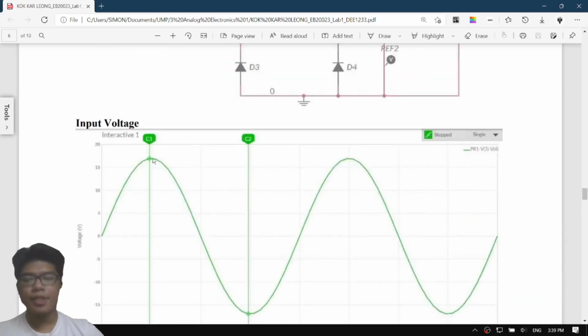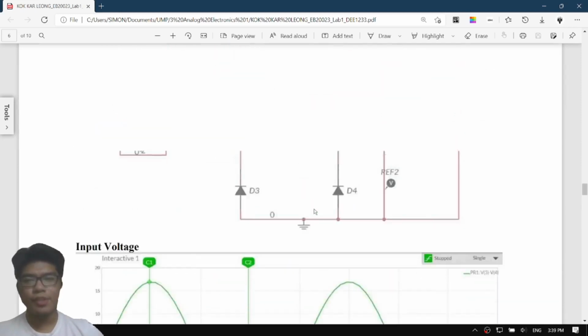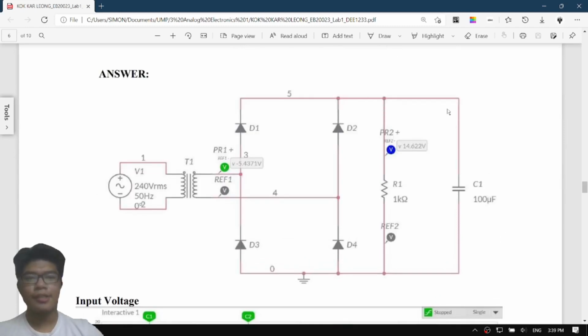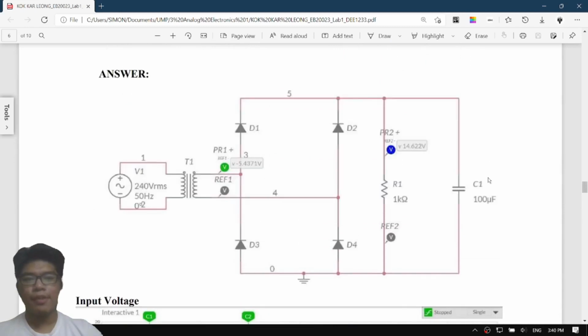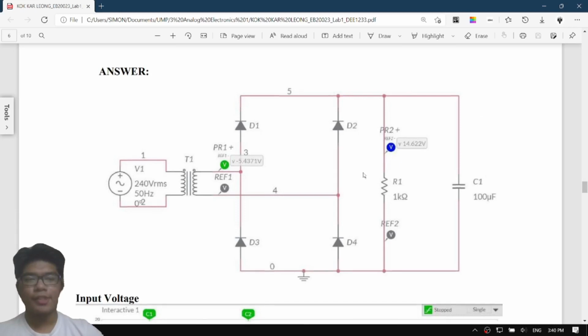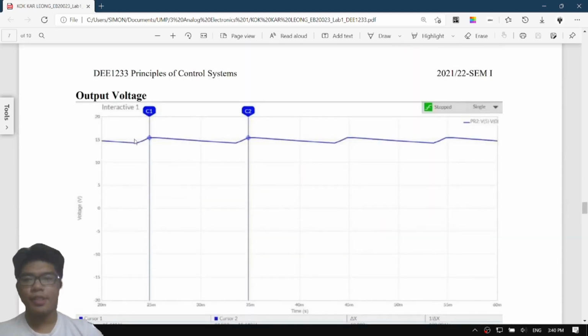After the peak, when the input voltage drops, there is less voltage to the capacitor, so now the capacitor acts as a voltage source and discharges to the resistor. So even though the input voltage drops to 0, the capacitor supplies voltage across the resistor, causing the voltage to be constant here.